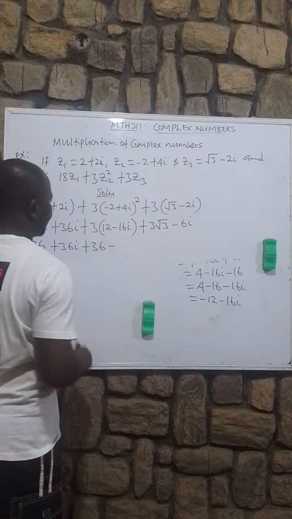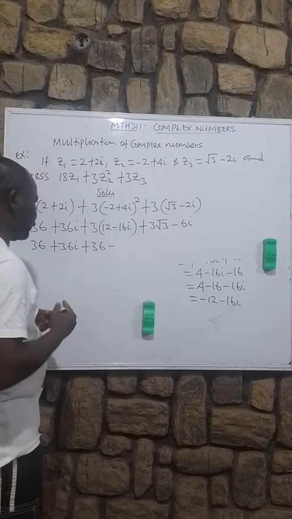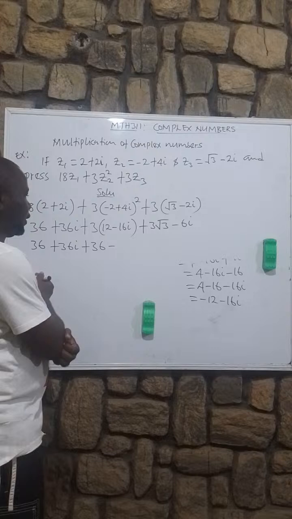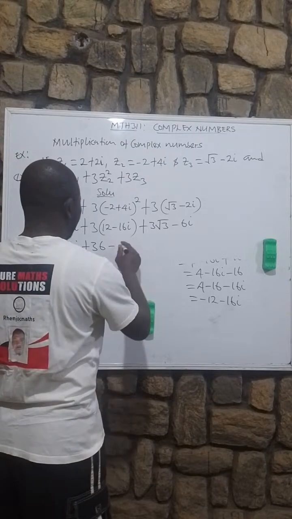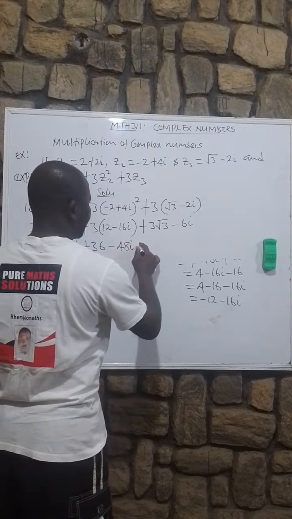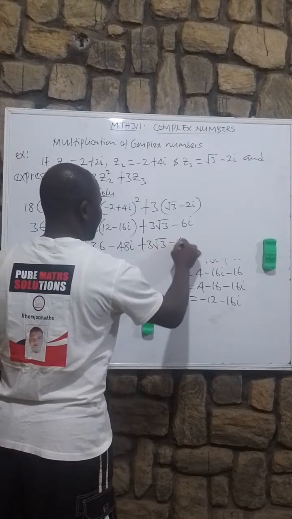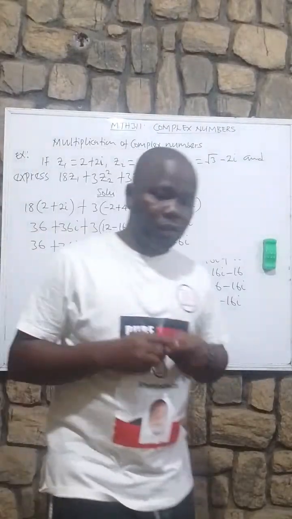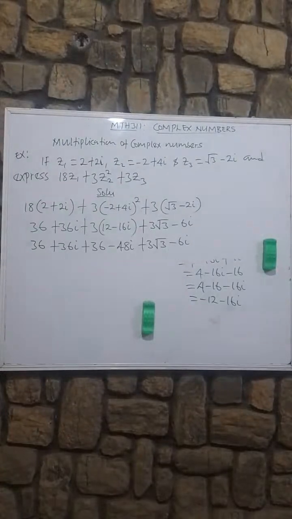Then minus 3 times 16i is 48i, right? Minus 48i. Then plus 3 root 3 minus 6i. True or false? Any question?